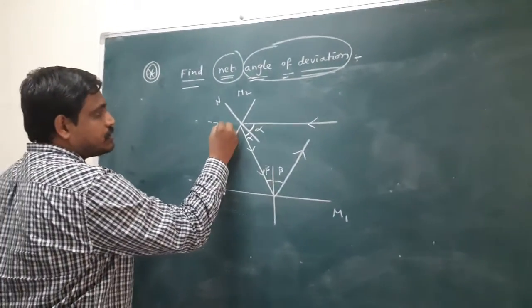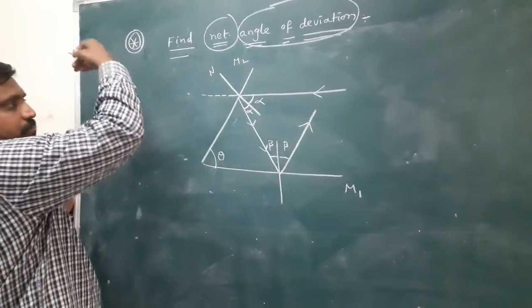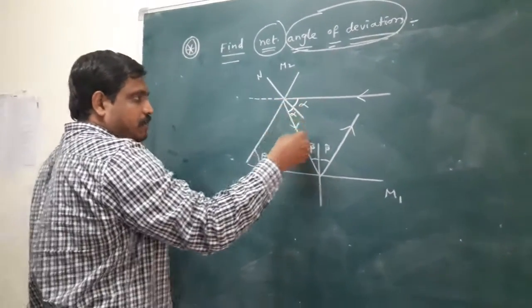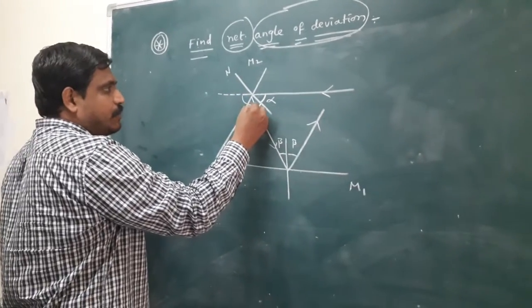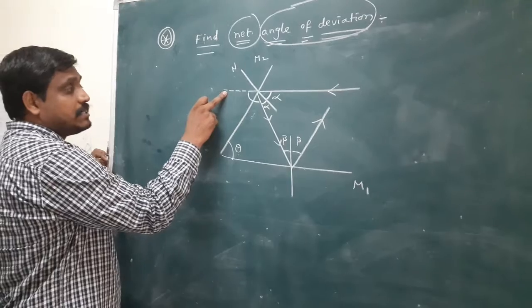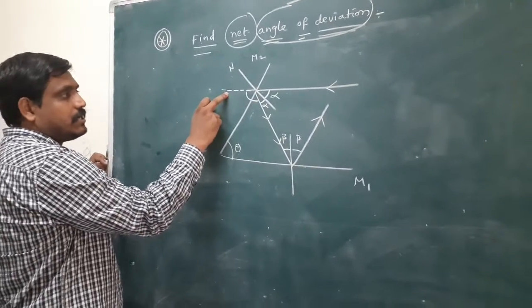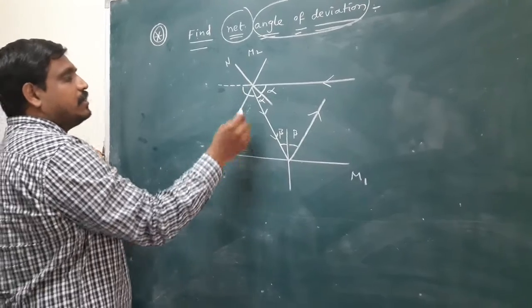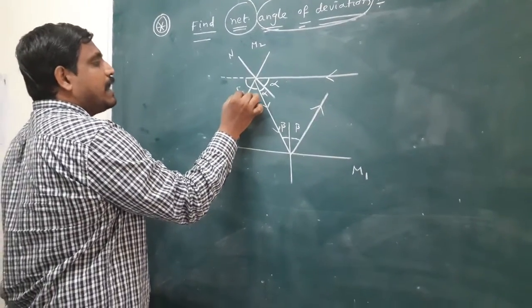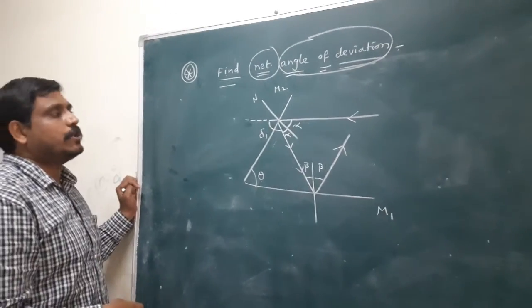This is the direction of the incident ray. This is the reflected ray. The angle between the incident ray and the reflected ray is called the angle of deviation. That is delta 1.